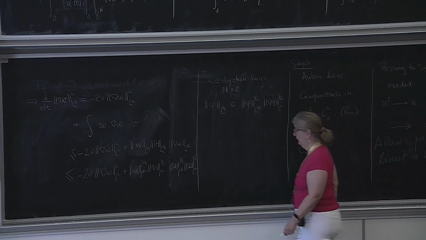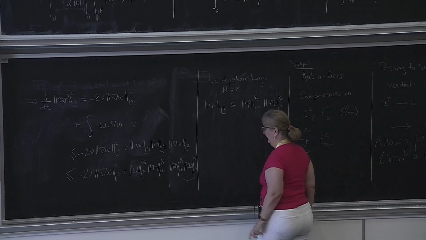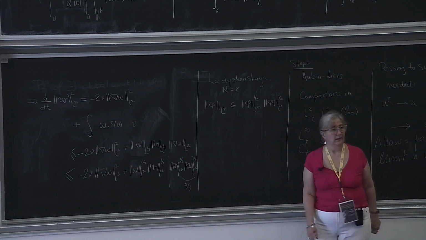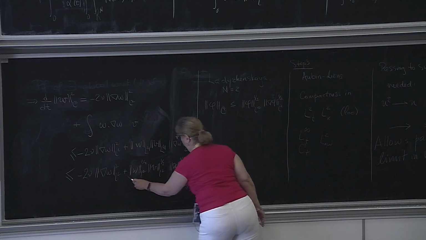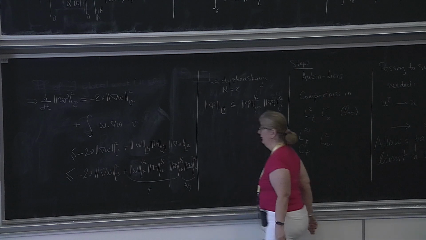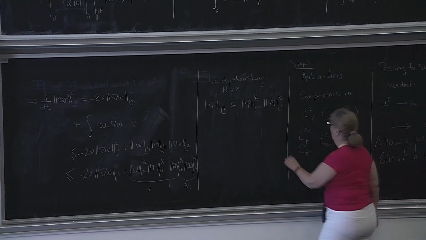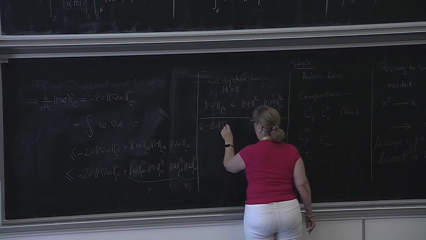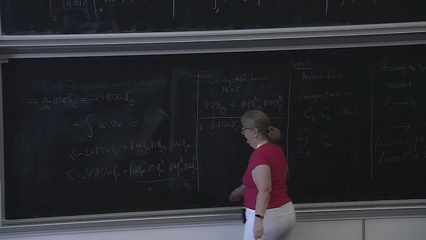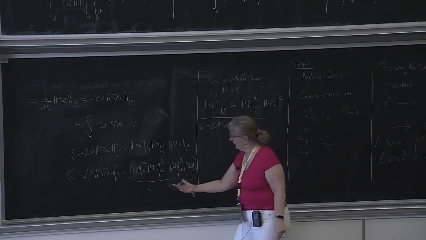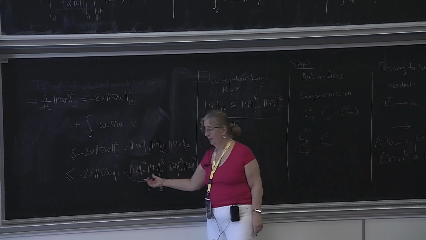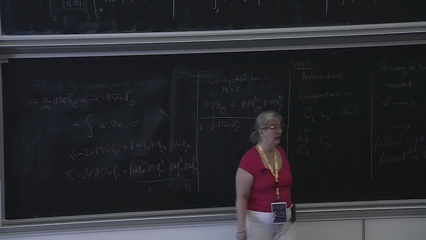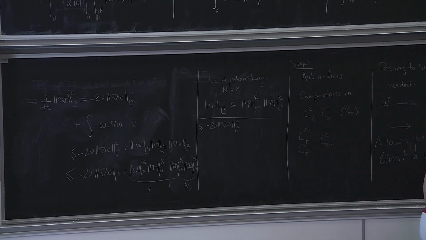Now I'm going to use Young's inequality, raising this term to the power 4/3, and the term here to the power 4. Okay? And what I get is minus 2 nu gradient W L2 squared. That remains the same. This will give me W L2 squared, V L2 squared, gradient of V L2 squared, and gradient of W L2 squared, which I'm going to put a little parameter nu in front of.